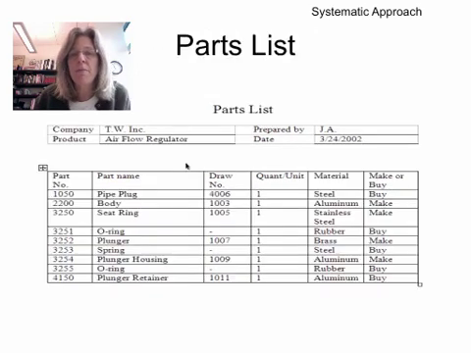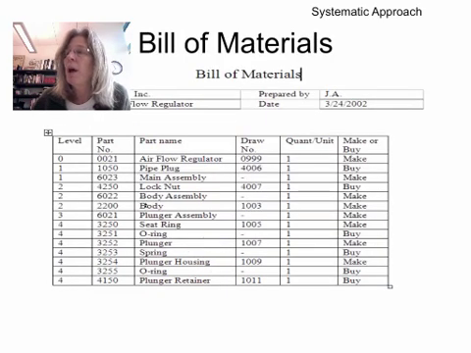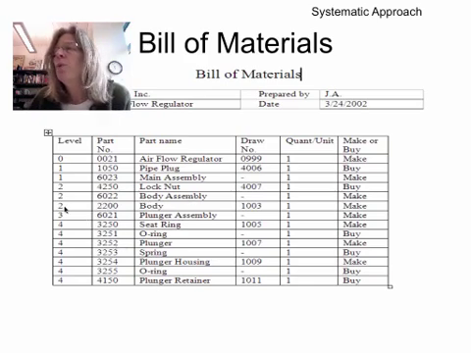So if you go back to the parts list, you can see there's no listing of the final product on here, and there's also no listing of the sub-assemblies. While here we have the body assembly and the plunger assembly, and these assemblies are listed. Now it's not clear here which parts go into which assembly. Does this assembly go into that, or do these go together?